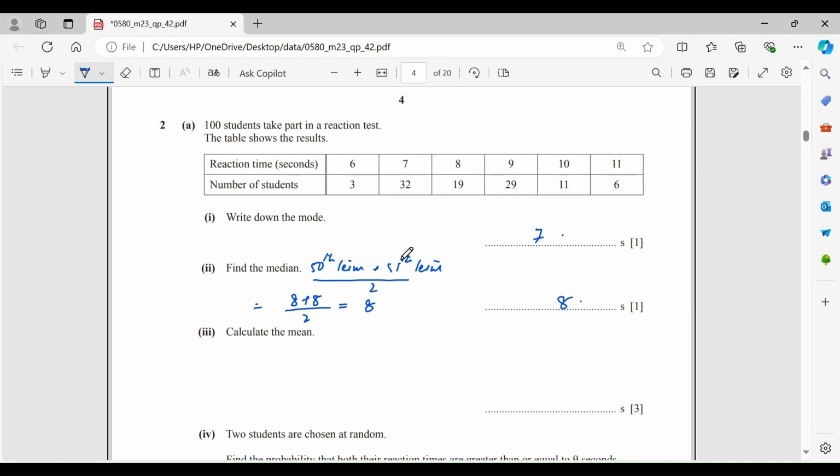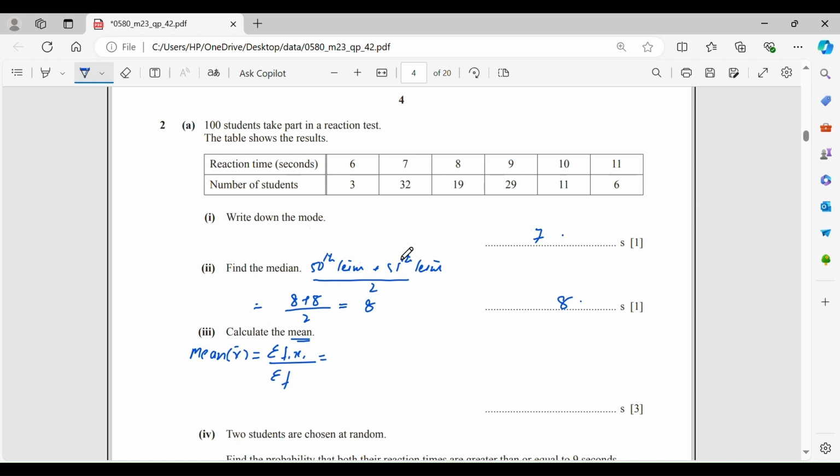Calculate the mean. Mean is the average. So the mean will be equal to summation of fx over summation of f.